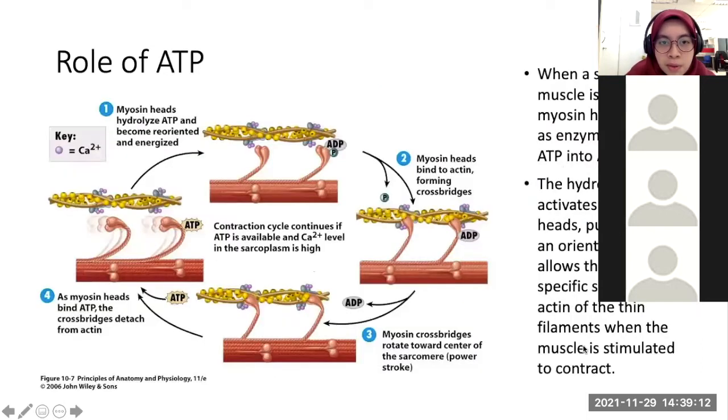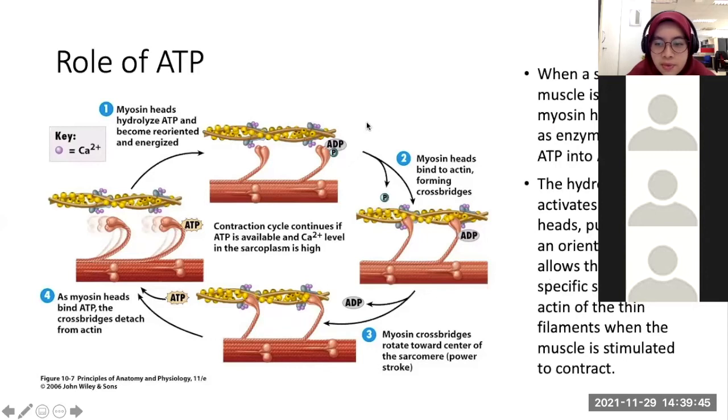Okay, from the point of view of the role of ATP, when a skeletal muscle is at rest, the myosin heads function as an enzyme, which previously I've mentioned as ATPase. This ATPase will cleave ATP into ADP and also a free phosphate group. The hydrolysis of ATP will activate the myosin head, putting it in an orientation that allows it to bind to the specific sites on actin.